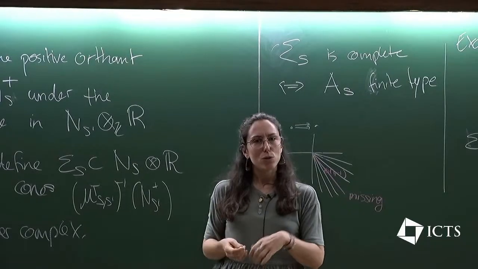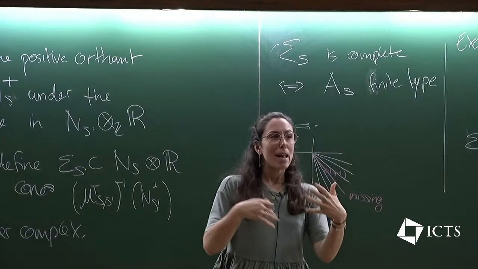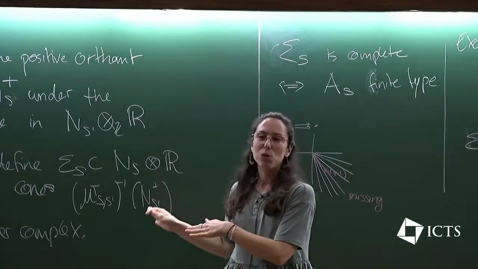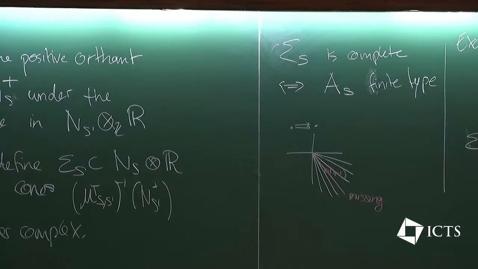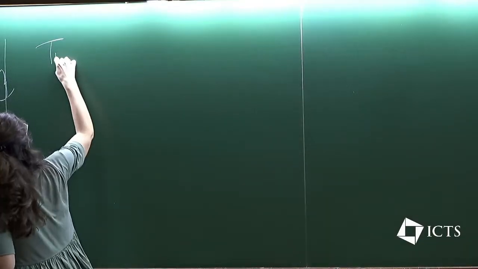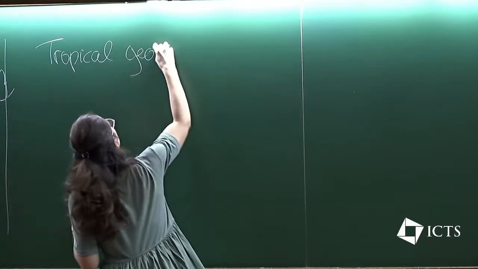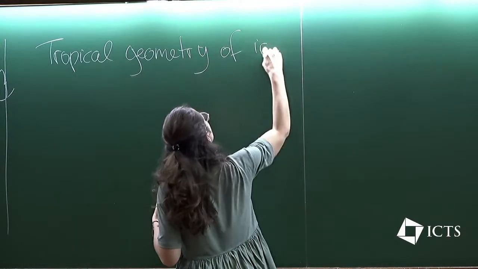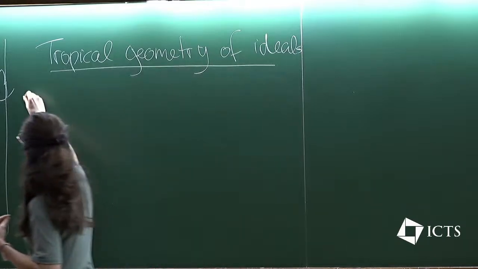And in order to do so, I will give you a summary of how we get more naively, more algebraically, to a theory of tropical geometry, and how it is related to this one. And for that, let me do tropical geometry of ideals. And so the motivation here is the following.